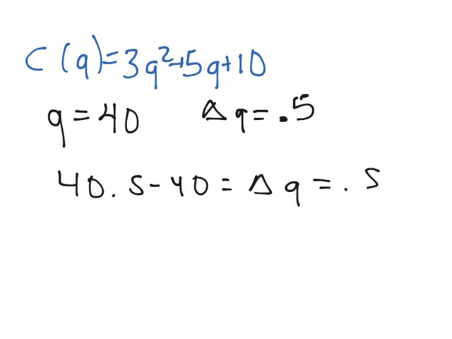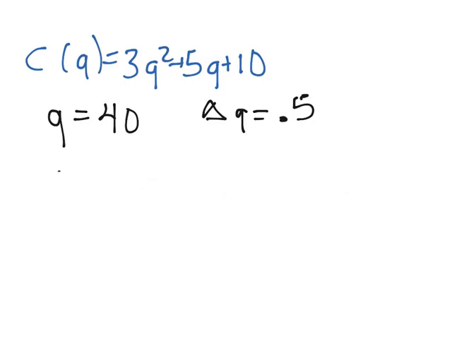Very well now, so we have all the information we need. We just now have to use our approximation by increments rule to figure out what this approximates to. We could have just plugged in the 40 as Q and then 40.5 and found the difference.